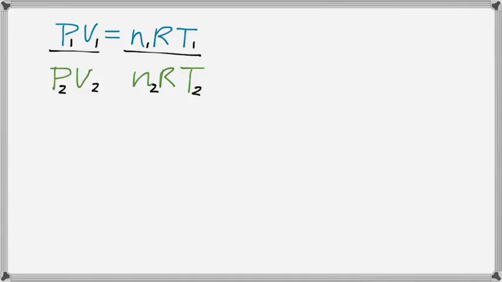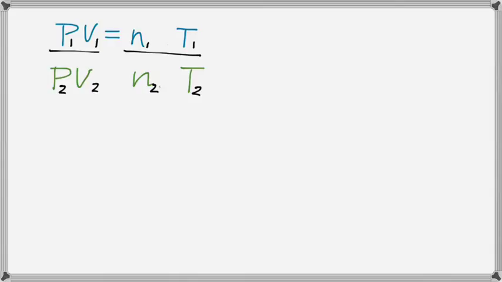So the R's cancel out. R divided by R is 1. So I'm just going to completely get rid of it. So there I have a relationship between all 4 variables. You probably won't run into a question that has 4 variables changing, but you might see one that has 3.